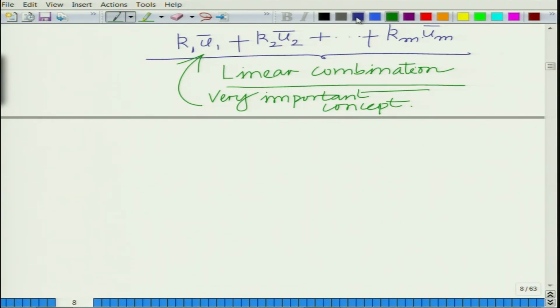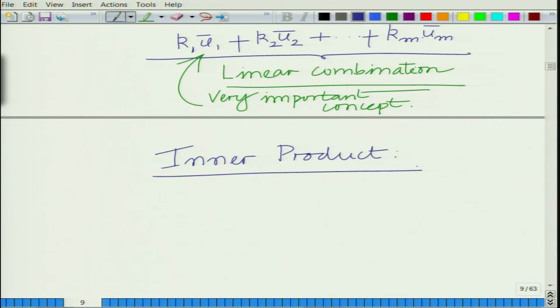Now, let us consider another concept, that is the inner product. What about the inner product? And this is another fundamental concept. When you have two n dimensional vectors, what happens to the inner product of these two vectors?